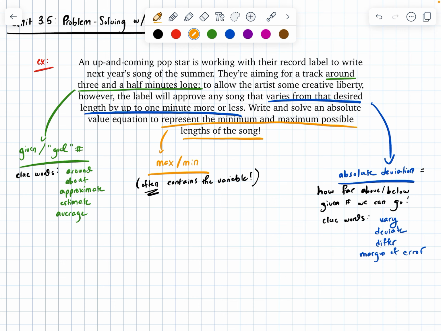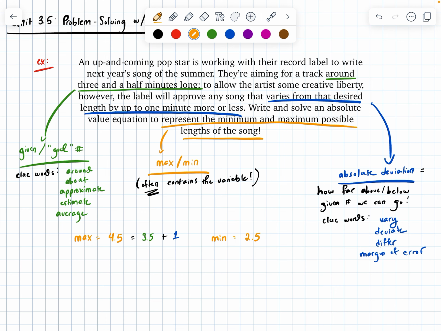Alrighty. Well, logically, if I just kind of logic through this, my goal length is 3.5 minutes. We'll say that's 3.5. The maximum, I'm told that I could vary from that desired length by 1 minute more or less. Well, if I go 1 minute up from 3.5, I would get to 4.5 minutes, which again, here I would find by taking my given number of 3.5 and adding that absolute deviation of 1.